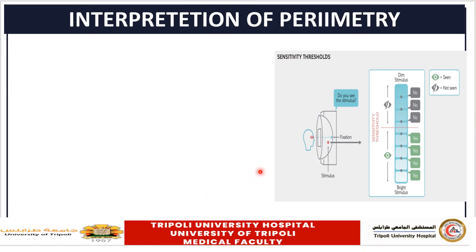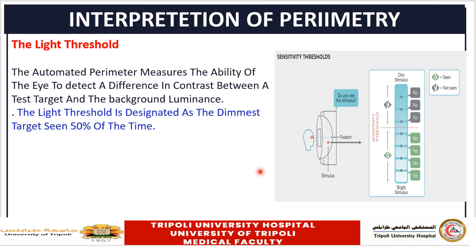Now, when the patient is sitting in front of the machine, it starts to determine the threshold sensitivity of his retina. This is done by projecting different light intensities at different locations of the retina, usually in the center, and determining the response of the patient. If the patient can detect at least half of these low dim light intensities, it will determine that level as the threshold.